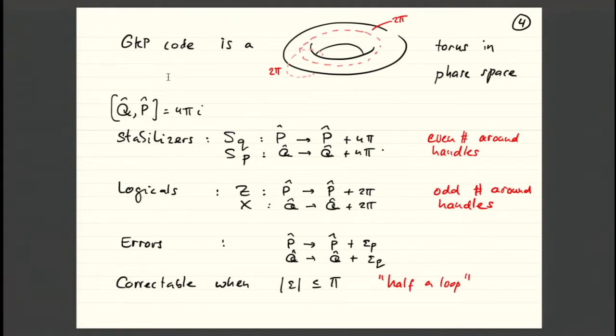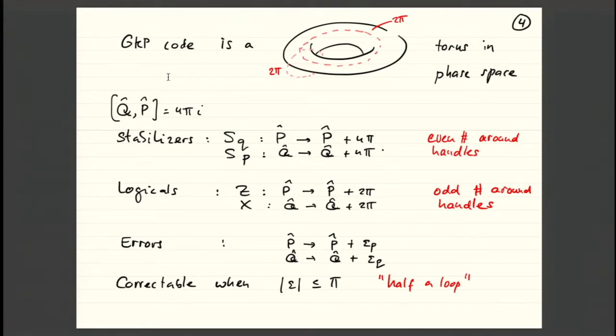Okay, so think about this torus as, if you go in one direction, you move in P, right? The operator P gets shifted. Now a stabilizer in this format moves, and let's say this torus has a circumference of 2 pi, and also this is 2 pi in this phase space.